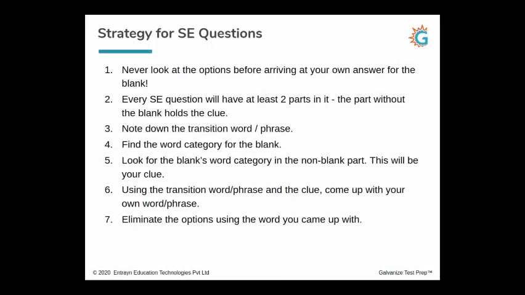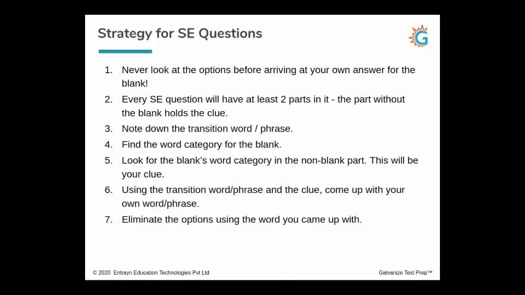I would suggest you use this method and understand the sentence as much as possible, and by 30 seconds you would have done all this. In the next 5 or 10 seconds, maybe 5 seconds, you can find the word category clearly. It could either be a naming word, an action word, or a describing word.